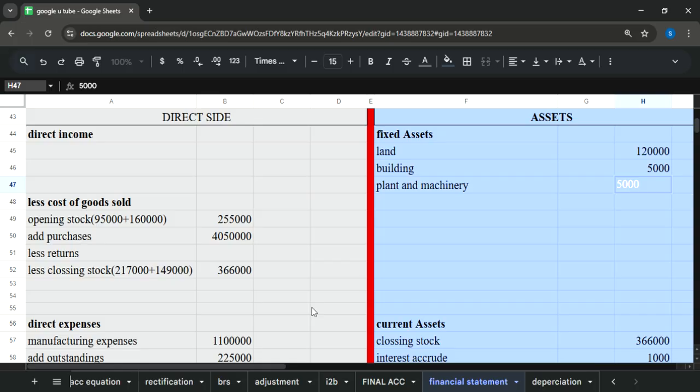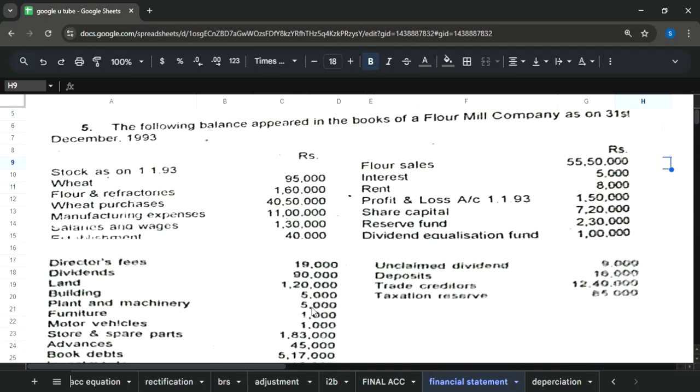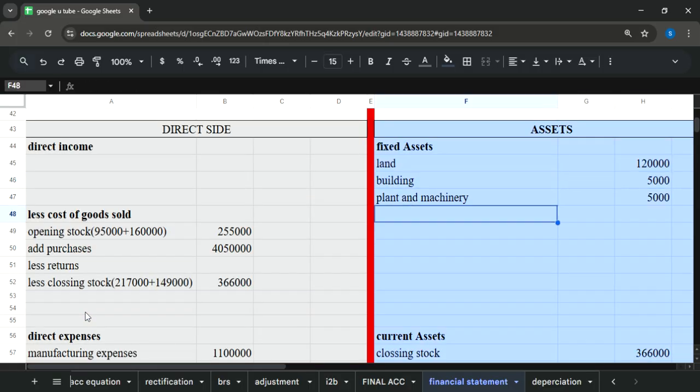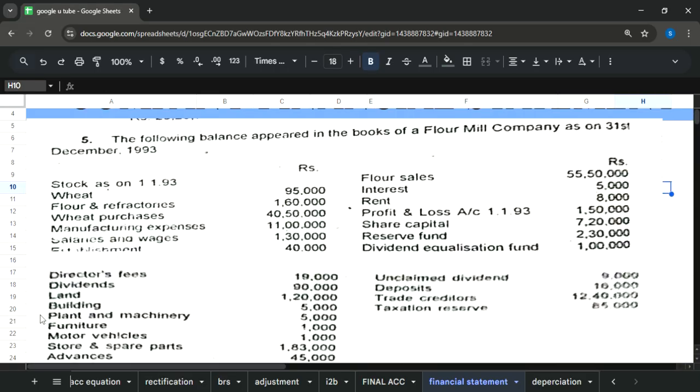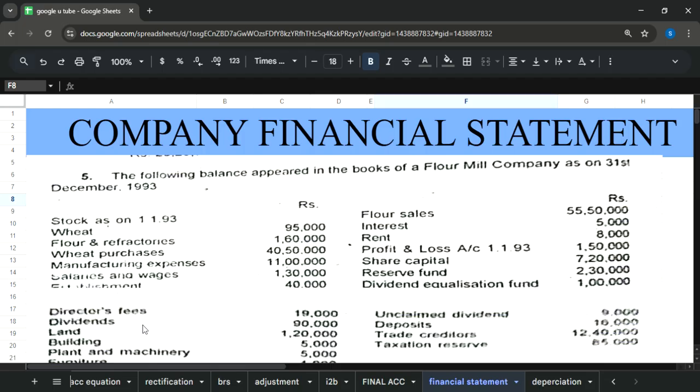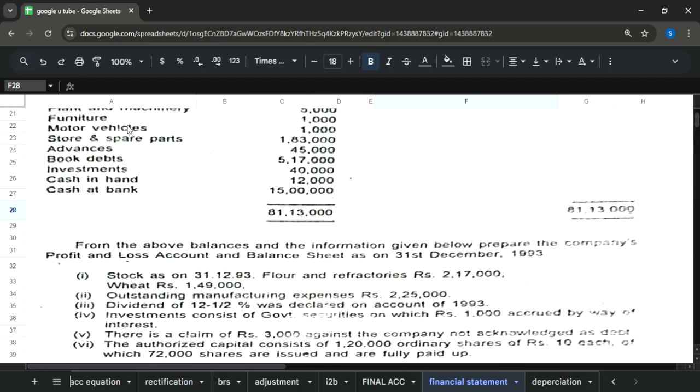Just mention over here. After plant we have furniture. Still we are in the same place, fixed asset. Amount of furniture 1,000. After furniture we have motor vehicle.